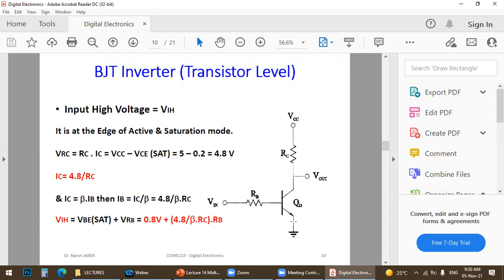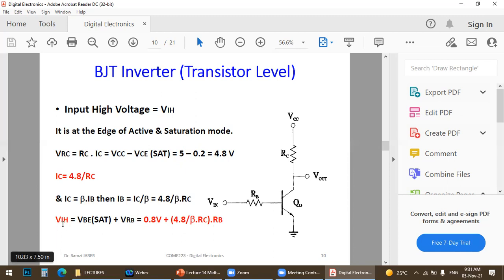Here VBE saturation is always equal to 0.8, plus this voltage here, which equals RB times IB, the current IB. From above, the current IB equals 4.8 over beta RC. So if we have beta, RC and RB, then we can calculate V input high.